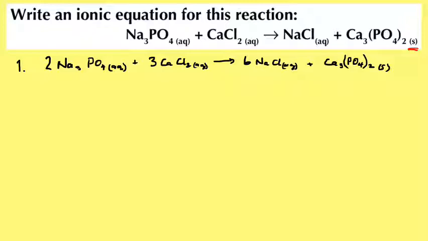Okay, so there's our balanced equation. That's our first step of the process to get an ionic equation. And you'll remember the second step is to split all the mobile ions, that is those that are dissolved, split them up into separate ions. Okay, so you're going to see that in the sodium phosphate, we've got 6 sodium ions. So we're going to write down 6 Na, and you know they exist as 1 plus ions.